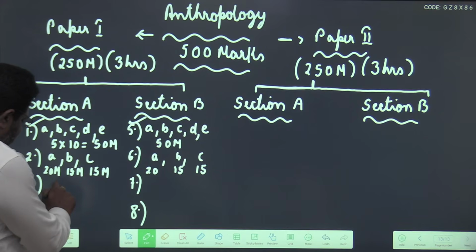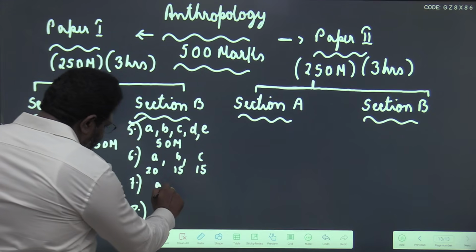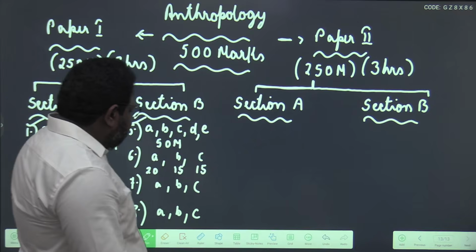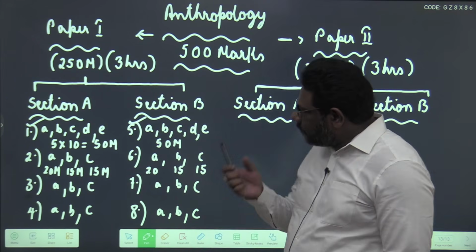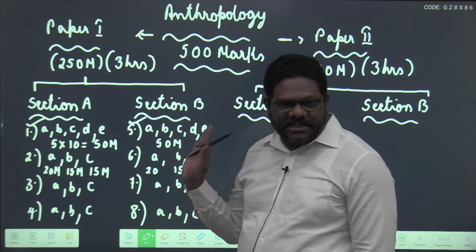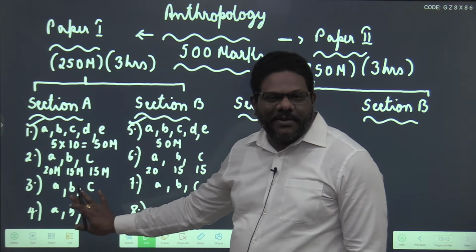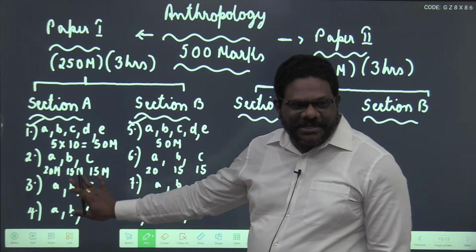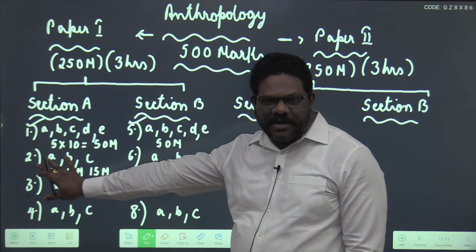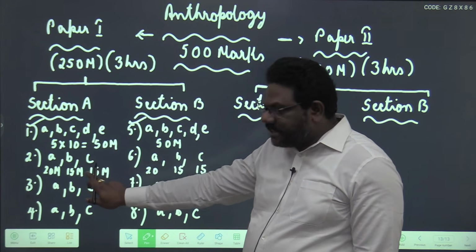Same is the case here also, A, B, C. If you select 2, you have to answer A, B and C all together. It's not like you write A and B here and C wherever. If you select the second question, you are expected to write all the sub questions which are under this particular question. So A is always for 20 marks, B and C is for 15 marks and 50 marks.